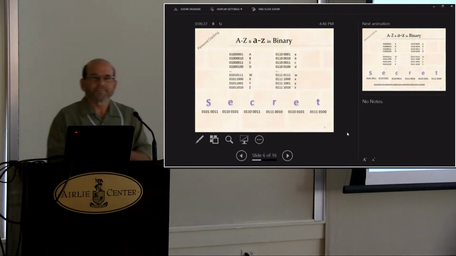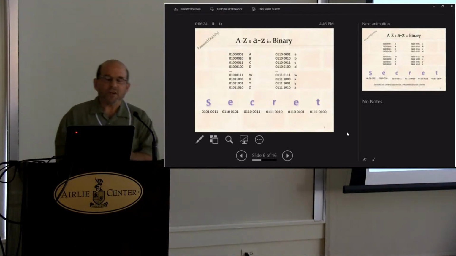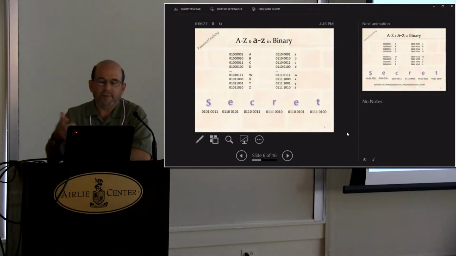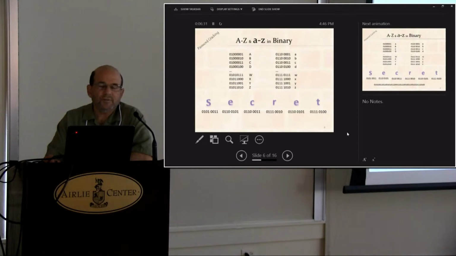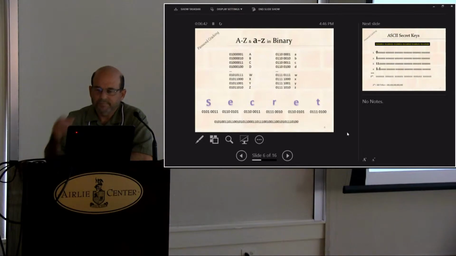So if we take the word secret, that's right there at the bottom of the screen, S-E-C-R-E-T, and we look at the binary representation for those characters, here's what we see. What pattern, if any, do you immediately discern from those characters? Well, let's see if it's on the next slide.